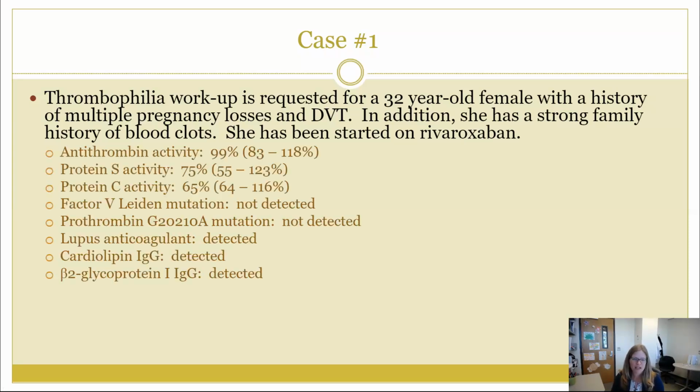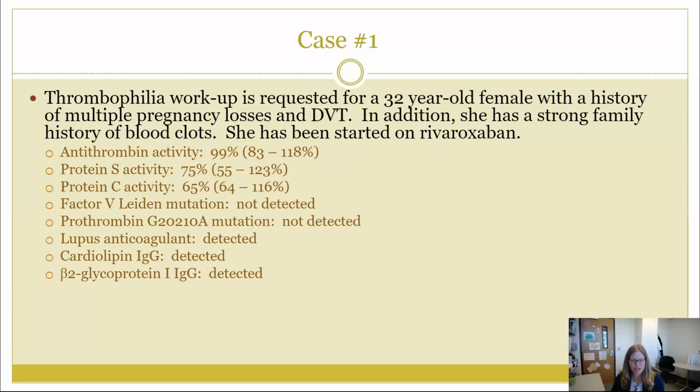And here were the tests that were ordered for this patient, and here are the results. Antithrombin activity, protein S and C activity, genetic testing for factor V Leiden and prothrombin gene mutations, lupus anticoagulant, and anticardiolipin and anti-beta 2 glycoprotein 1 testing. Of note, these results are all within the reference range.